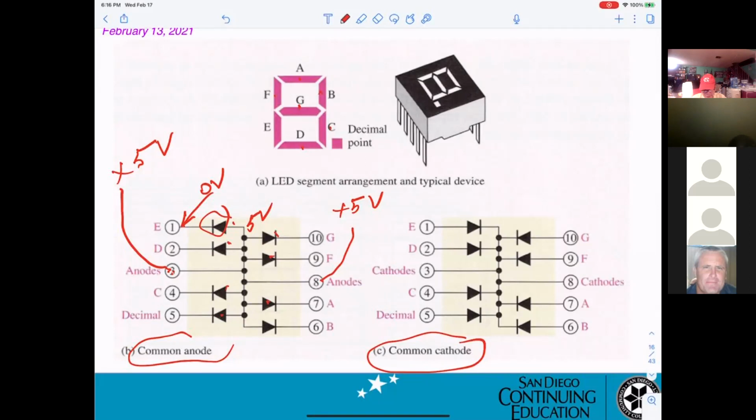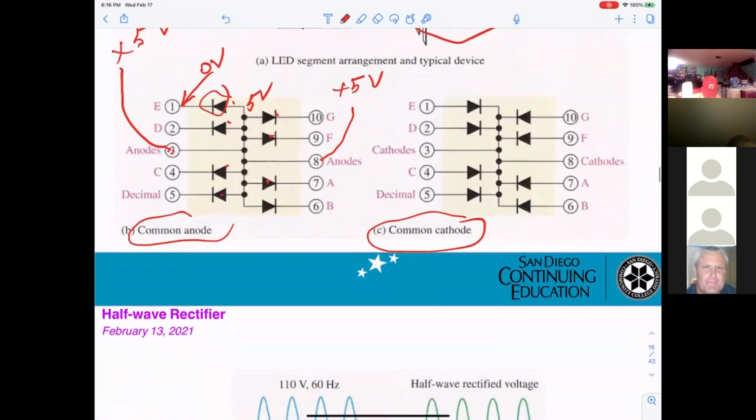You can see that display everywhere, in the clock, in your watch, they're using 7 segments. That means they're using this thing here to display the number, 1, 2, 3, 4, 5, 6, or whatever number. I just give it to you for your knowledge, okay? We do nothing with that.